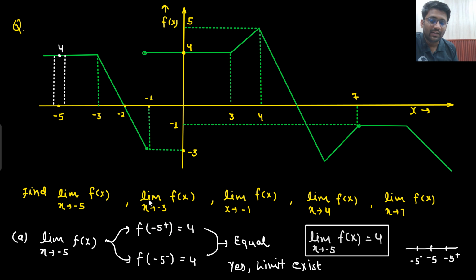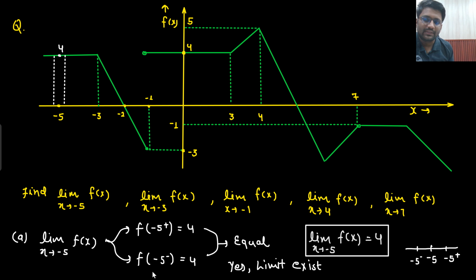Let's solve the other question. Limit x tending to minus 3 f of x. We have to find out the value of f(x) near to minus 3, so at minus 3 plus and at minus 3 minus. Just after minus 3, nearly it is equal to 4.